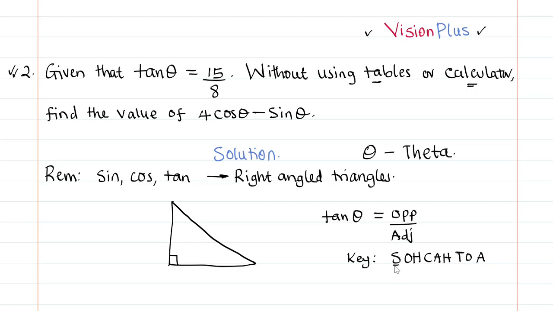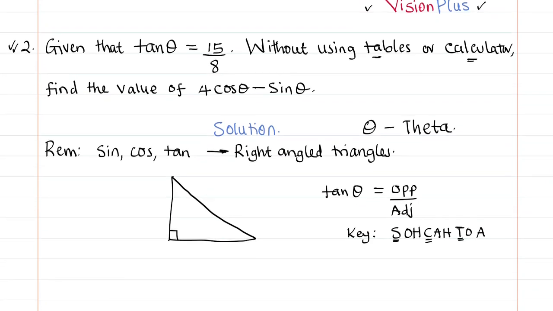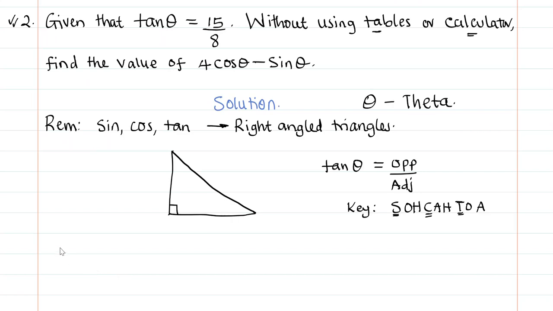If you are looking for sine, it is opposite over hypotenuse. If you are looking for cosine, it is adjacent over hypotenuse. If you are looking for tan, it is opposite over adjacent. Now that takes us back to our question. I'm taking time here because it is very important.